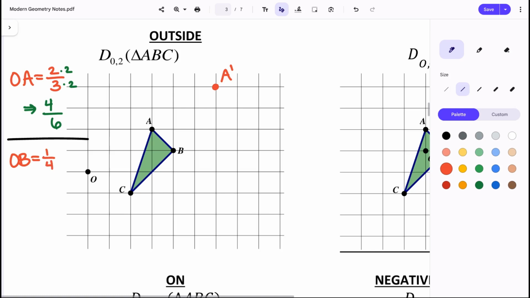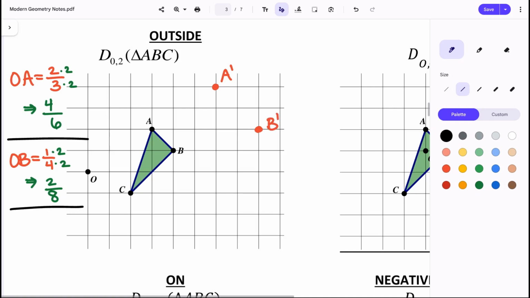Again, we multiply by our scale factor. If you take those times 2 on the top and on the bottom, which if you need to, you guys can be writing that out, times 2 times 2, what's our new slope? 2 over 8. So from O, I need to count up 2 and to the right 8. And we call that one B prime.